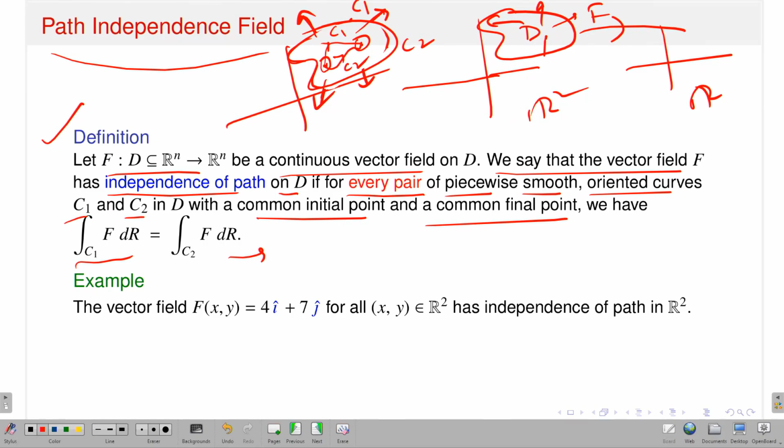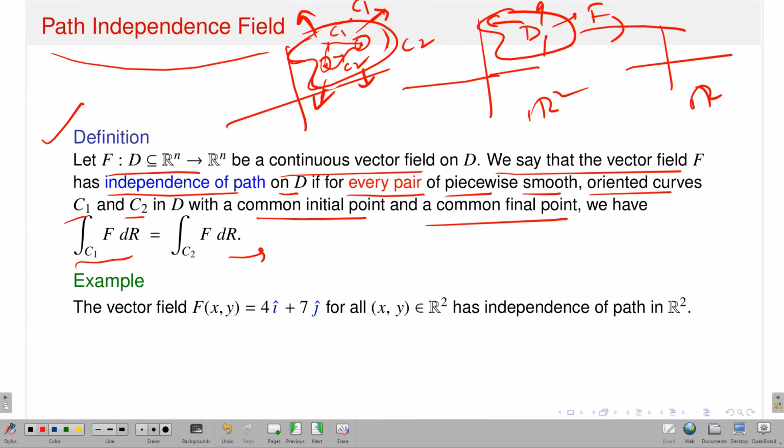Of course, in a few lectures, maybe after 2 or 3 lectures, I will start with what is called the line integral or vector line integral. I will introduce those kinds of integrals, and then the meaning will be more clear.